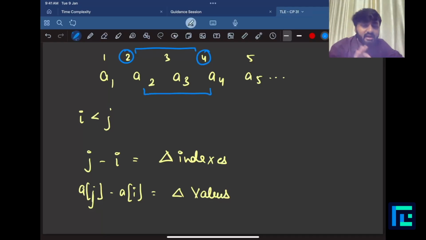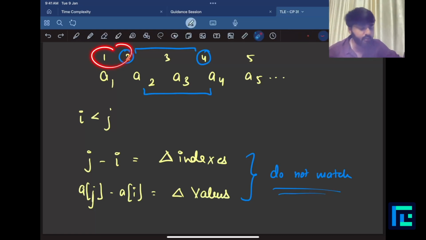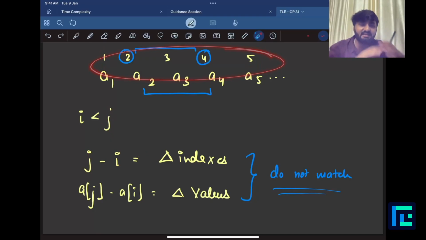Now I'm trying to make sure that these two differences do not match. Now from here, I have a very important observation. If I look at delta of indexes, they are always bound to increase. Why? Because you're always saying i is less than j. If i is less than j, then j minus i will always be a positive value. Now if you pick up some i and j, and take a delta over there, it's a positive value.